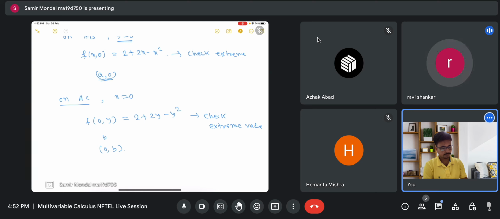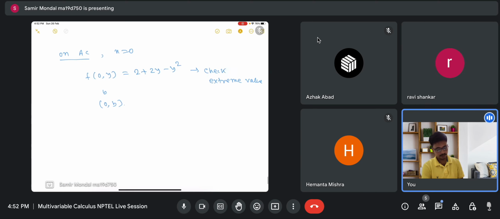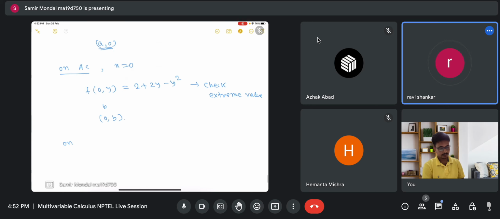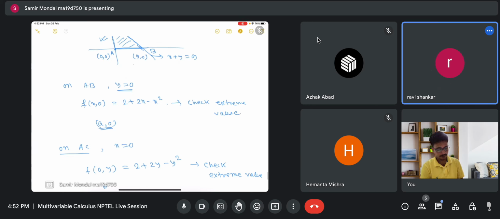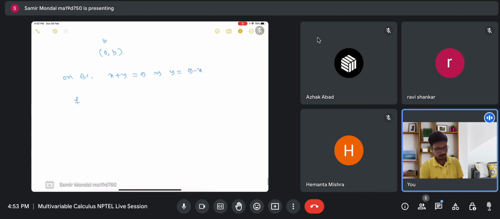And sir, along the hypotenuse line? Yes, that is your BC. On BC, what is this? This is given by x plus y equal to 9. So put the value of y or x, whatever, and you will get x comma 9 minus x. So write down the equation; you will get some simplified equation.